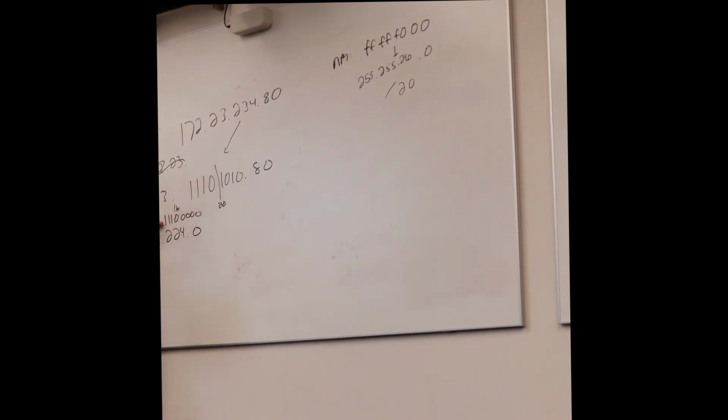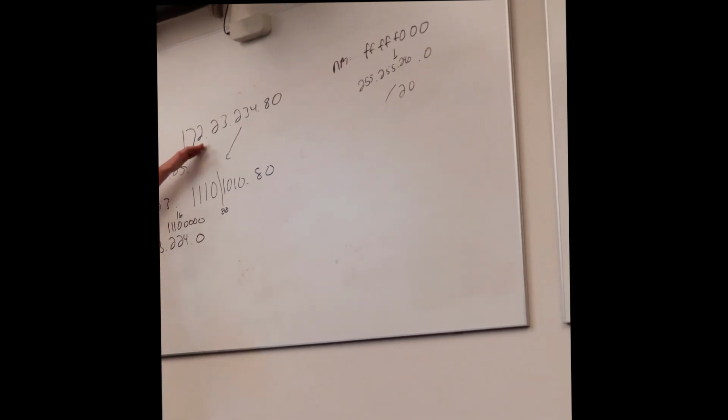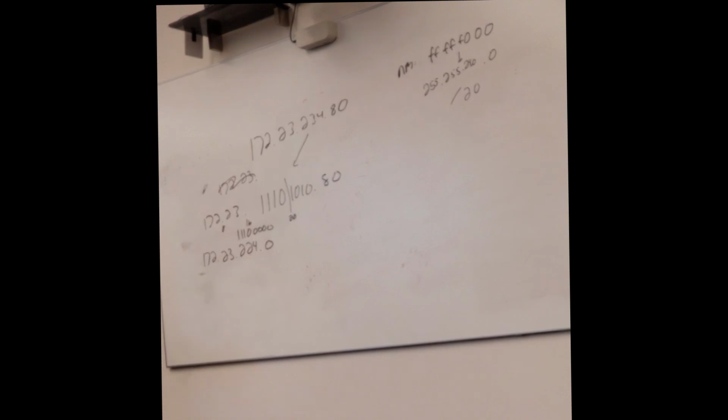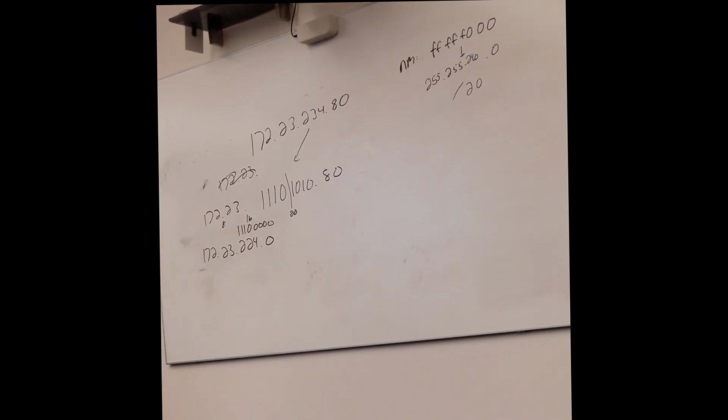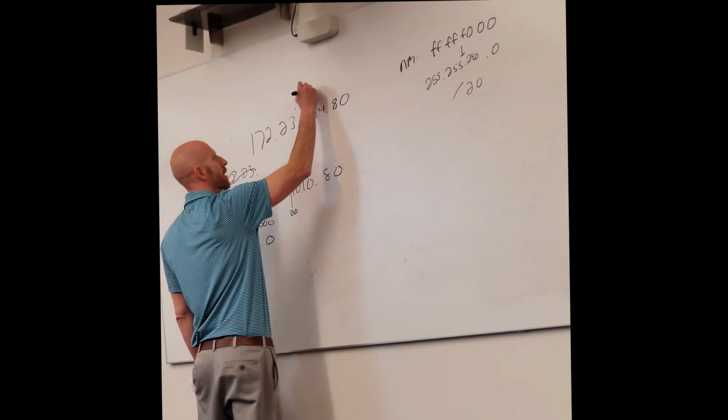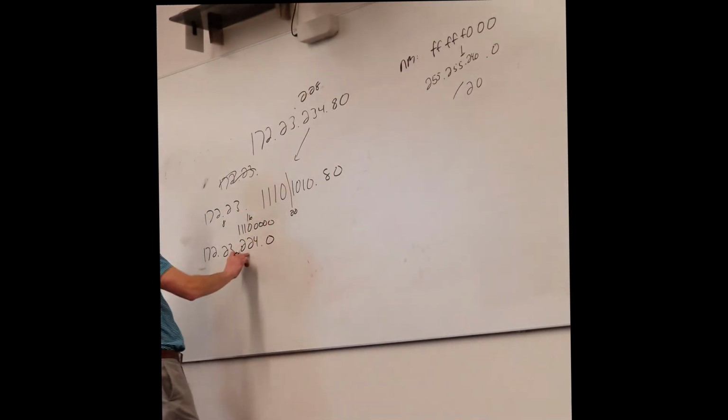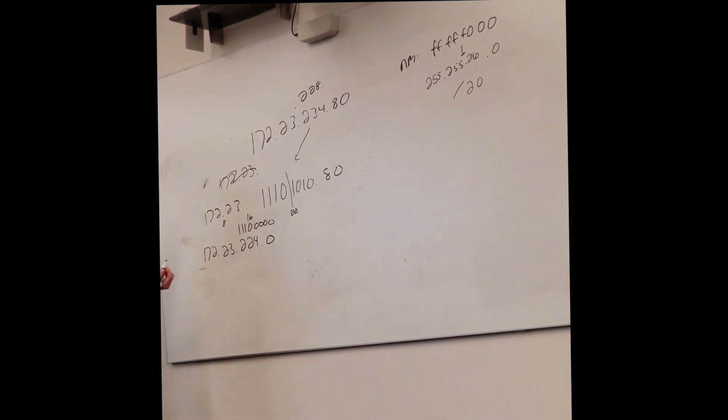That would be the lowest address in this range you can have. In fact, I looked mine up and I have 228, which is obviously greater than 224, so we're okay there. And then what's the highest address going to be in this range?